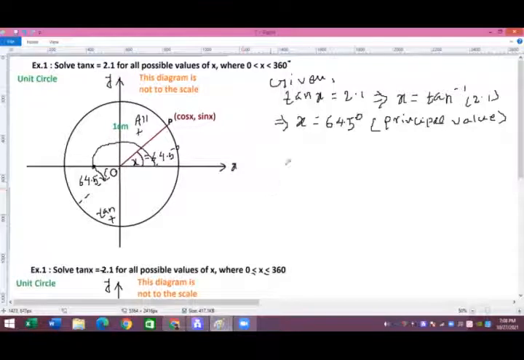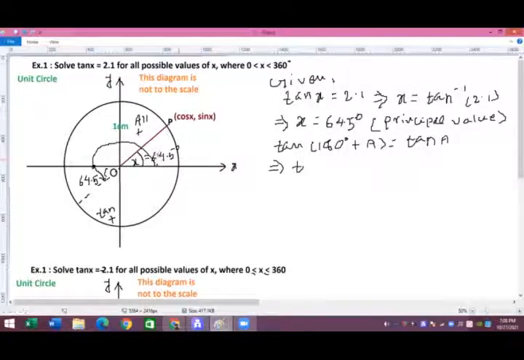Alright, and also you know that tan of 180 degrees plus A equals tan A, and here A means the principal value.